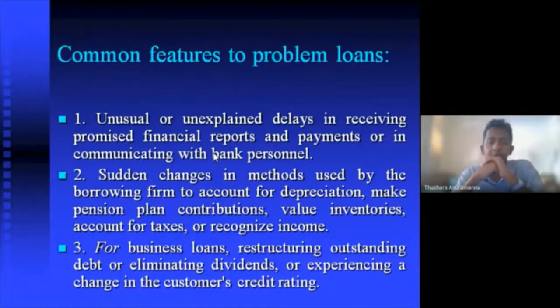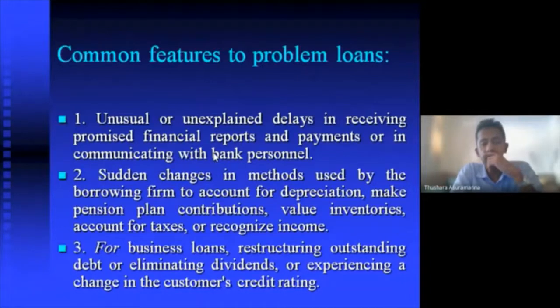Also, sometimes you see they change the accounting method, like depreciation, or maybe revaluation reserve, maybe bad debt provisioning. If they change the methods, accounting policies, accounting principles, you need to be a bit careful.